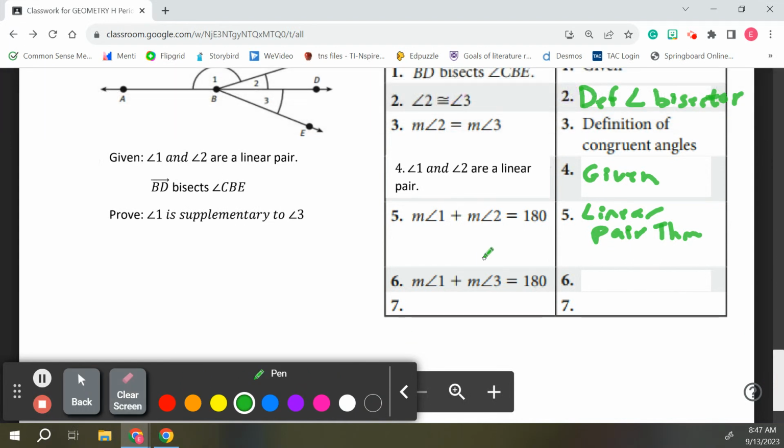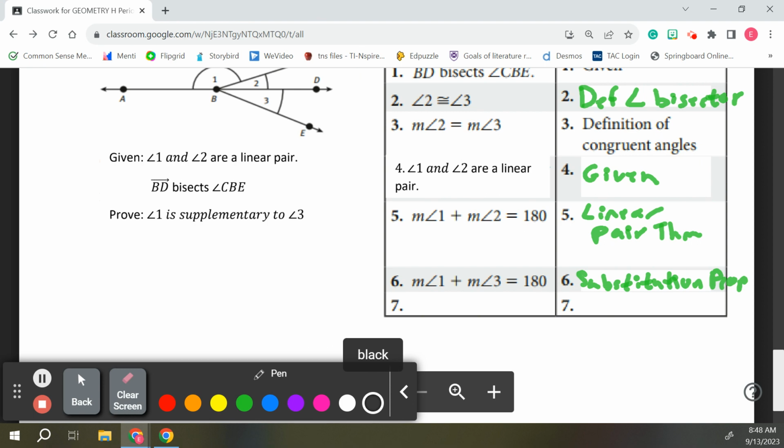Okay, so now for this next part, we have the measure of angle 1 plus the measure of angle 3 equals 180. What happened? They switched 2 with 3. What is that? Substitution property. I got something right. How do I not know that? And now that we know that the measure of angle 1 plus the measure of angle 3 is equal to 180 degrees, what can we conclude?